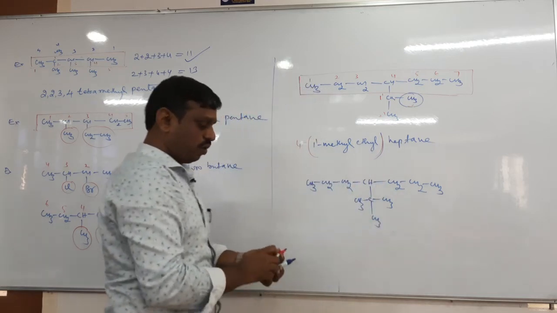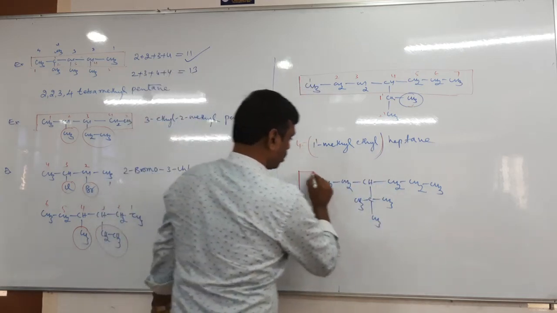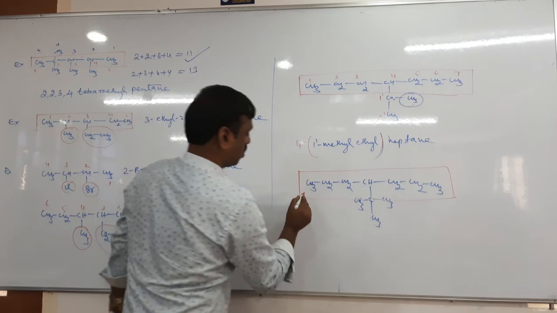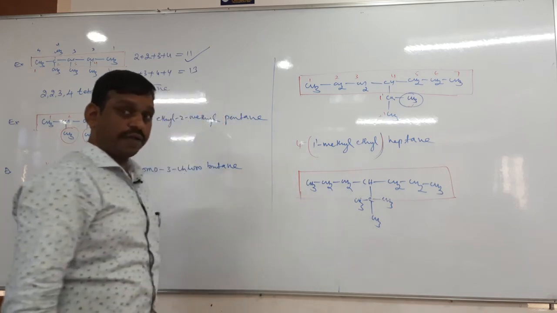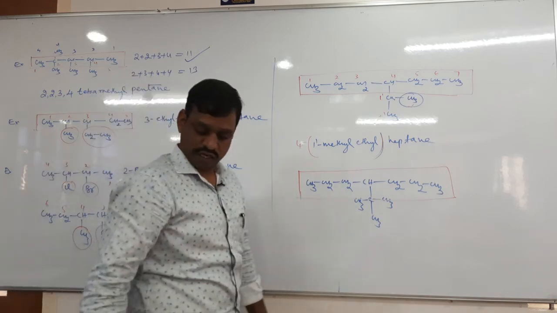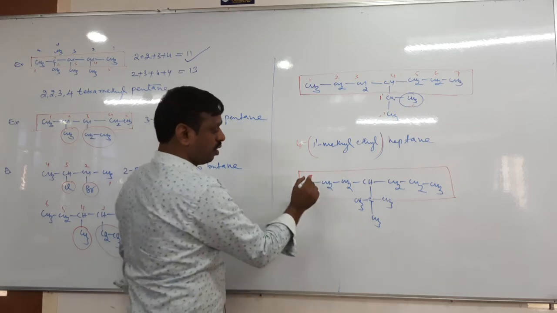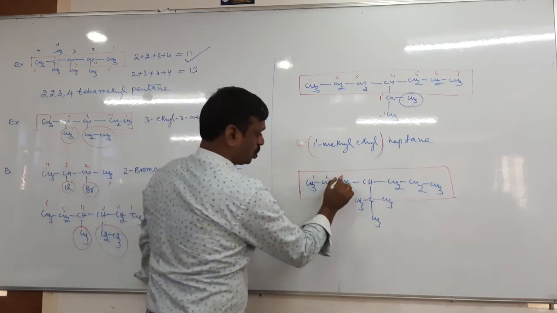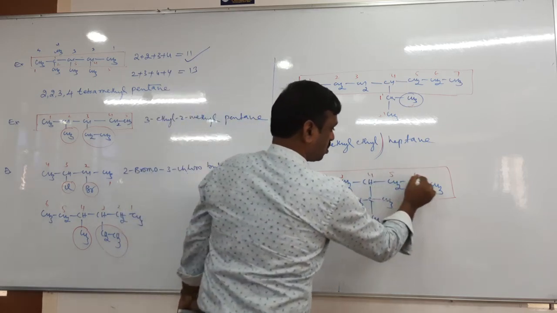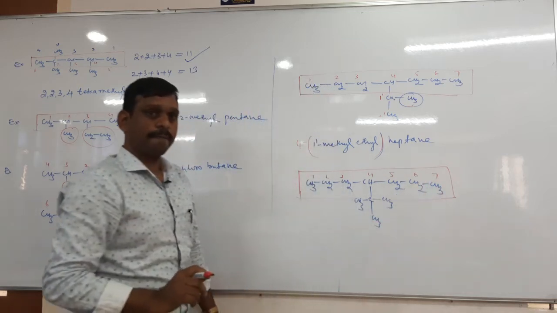Tell me now, selection of the parent chain and numbering. From both sides we get the same numbering. Let us take 1 2 3 4 5 6 7, same numbering.